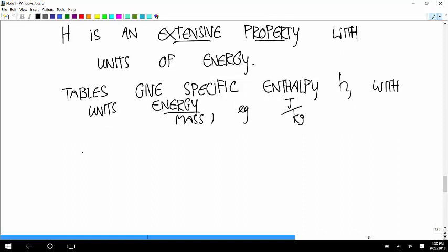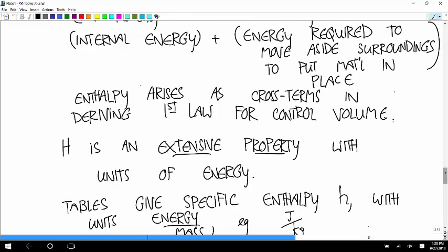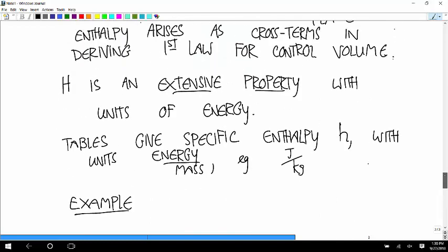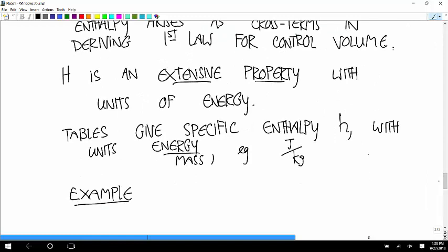One thing to notice, so I'm going to do one example, is all of the things that make up the enthalpy. Oh, and this lowercase h is equal to the specific internal energy plus the pressure times the specific volume.